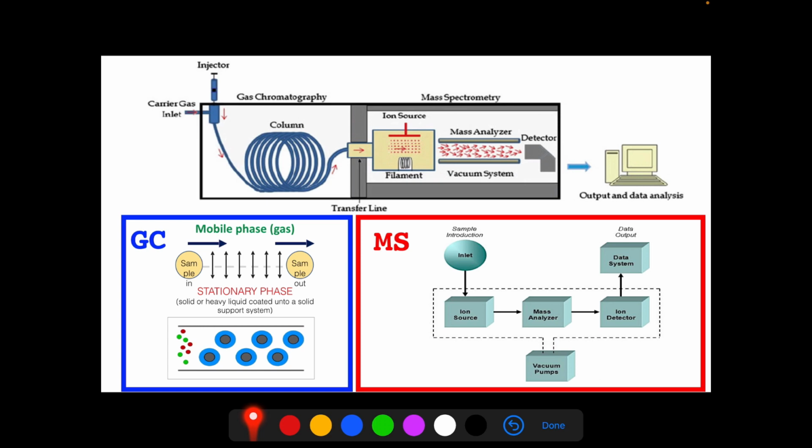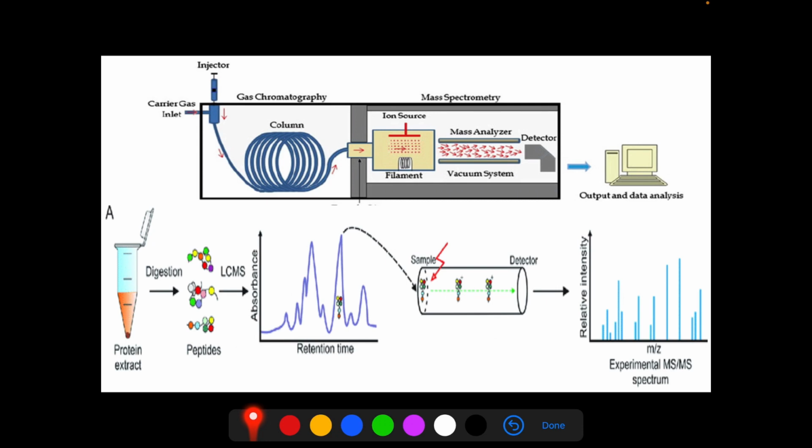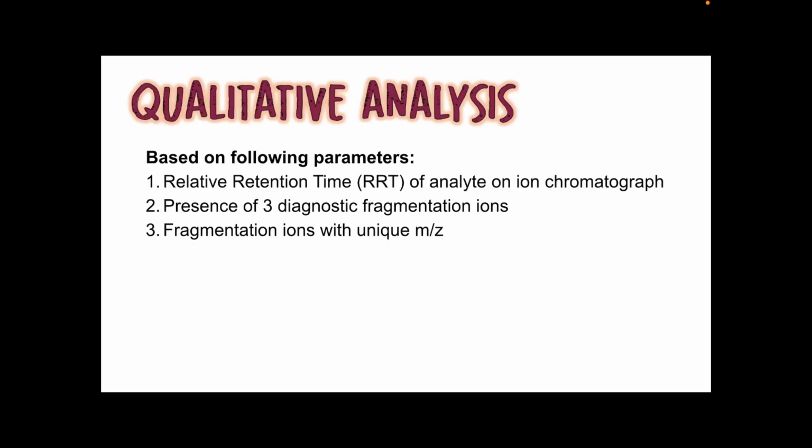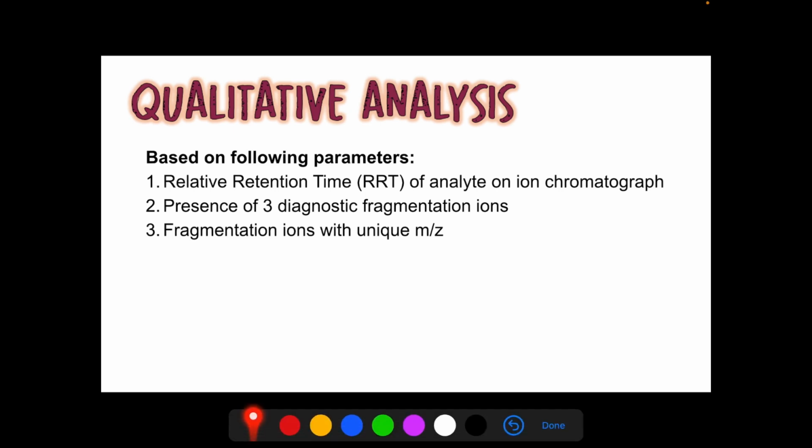This one shows the GCMS, which is the gold standard for drug of abuse confirmation. The qualitative analysis of drug testing is based on the following parameters. Number one, the RRT, or the relative retention time of the analyte on the chromatograph. This RRT is a measure of the time taken for a solute to pass through a chromatography column.